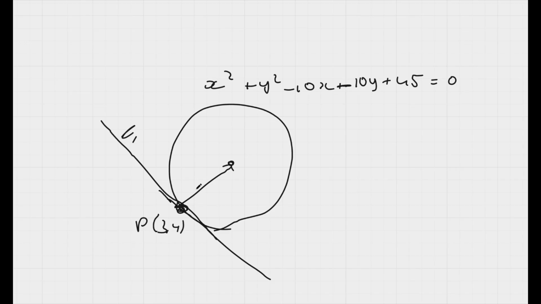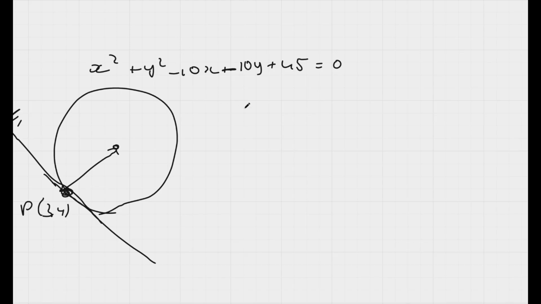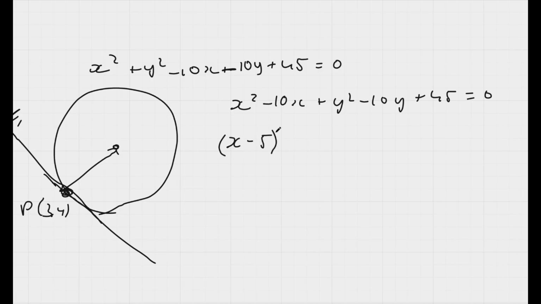That means all we need to do is first, let's put that circle equation a bit nicer. So x squared minus 10x plus y squared minus 10y plus 45 equals 0. So that means that x minus 5 whole squared minus 25 plus y minus 5 all squared minus 25 plus 45 equals 0.